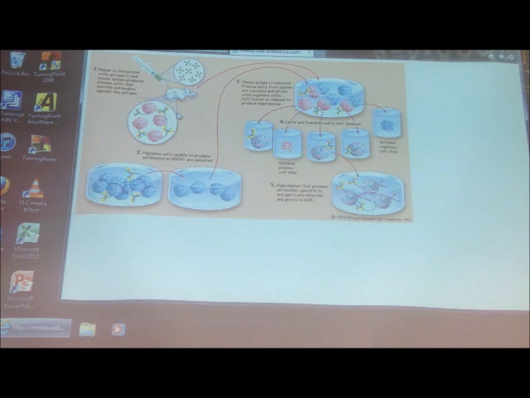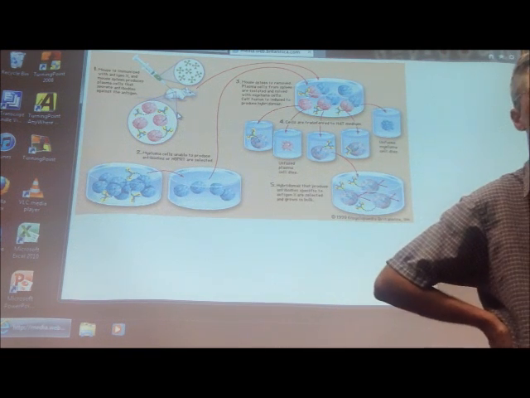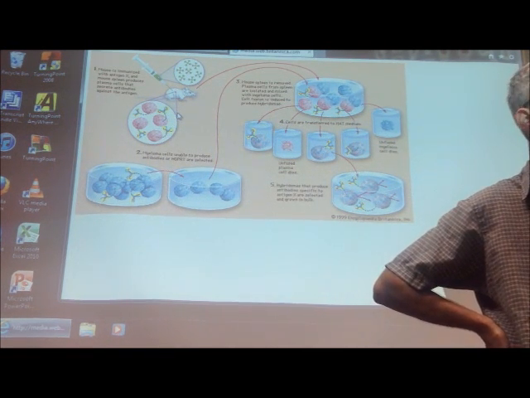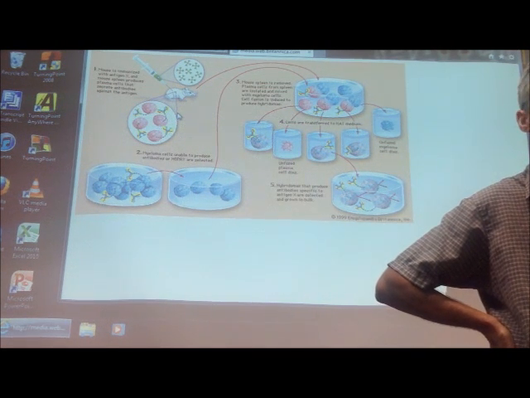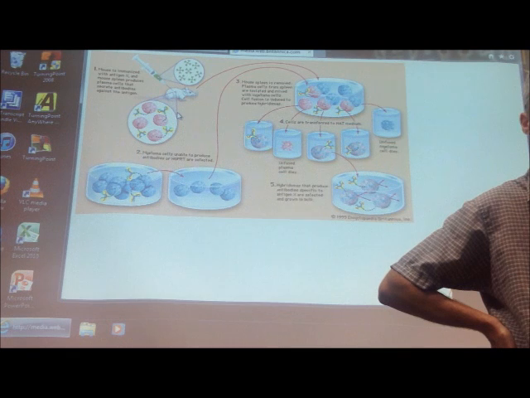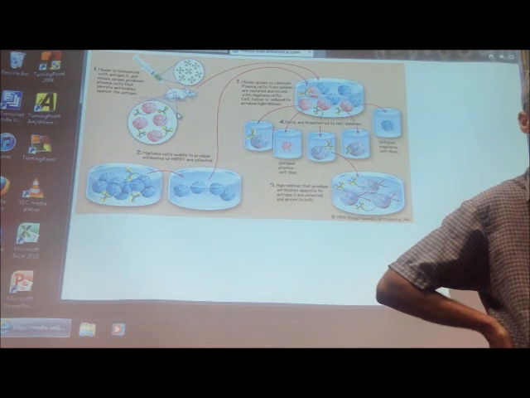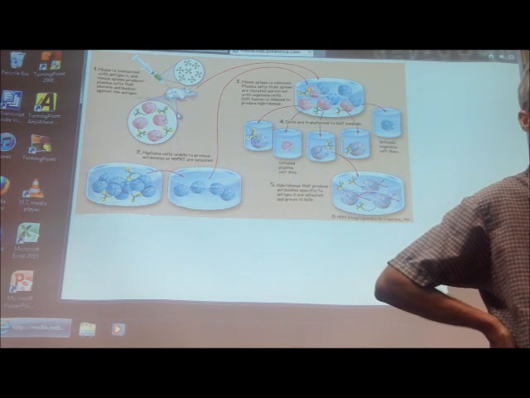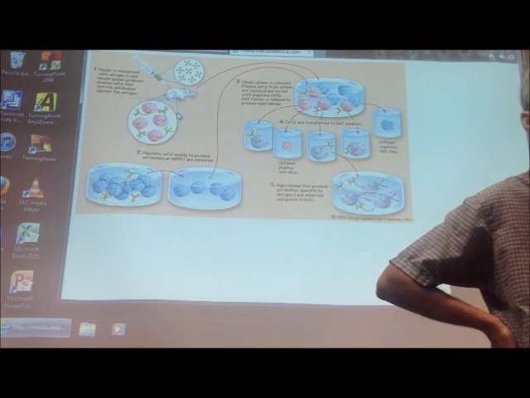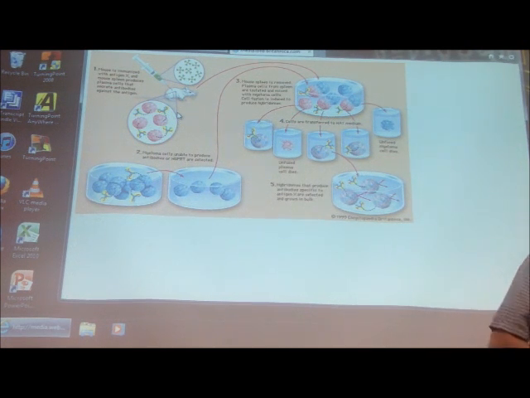I very faithfully passaged them every 3 days, gave them new medium. Why would I not have anything after the end of a year? They'll eventually die. Why would they die? They can't replicate after their telomeres are. That's right. Their telomeres shorten, so they're mortal. They're not immortal. So that's the problem.